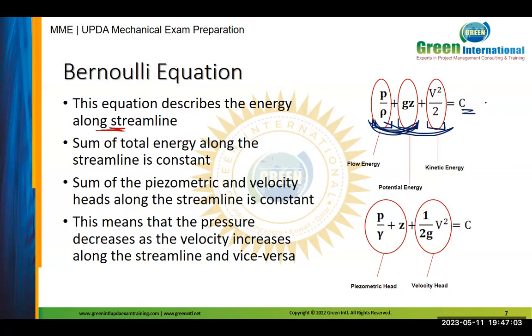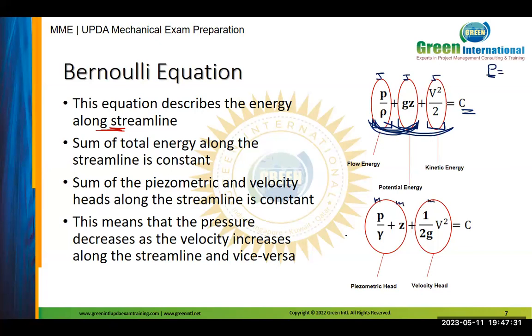Normally, in exam problems we use the head form. Sometimes in a few cases we use the pressure form. Yes, but all describe the same thing, the same energy in the ideal case, the Bernoulli equation.